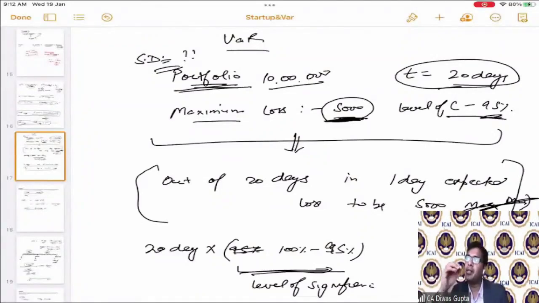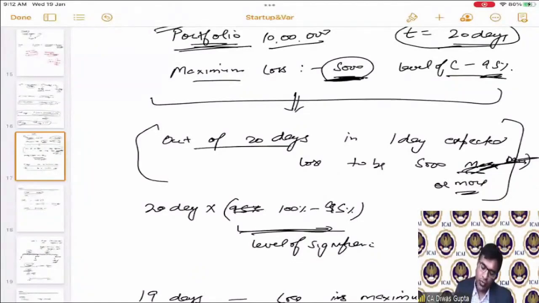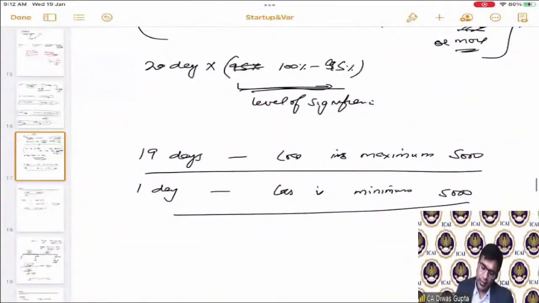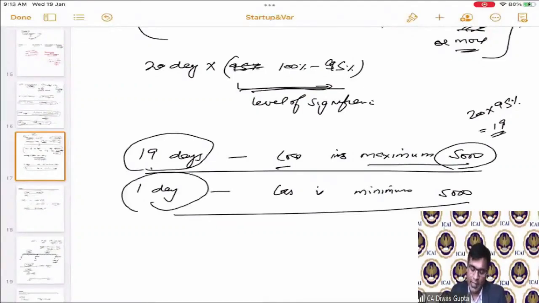But I'm just modifying the sentence to say that out of 20 days, 19 days is where the loss is maximum 5,000, because I have multiplied 20 by 95%, which is 19, to arrive at how many days there is a maximum loss of 5,000, and how many days will be the minimum loss. You're getting my point? The VaR is still for 20 days. I'm not debating that.